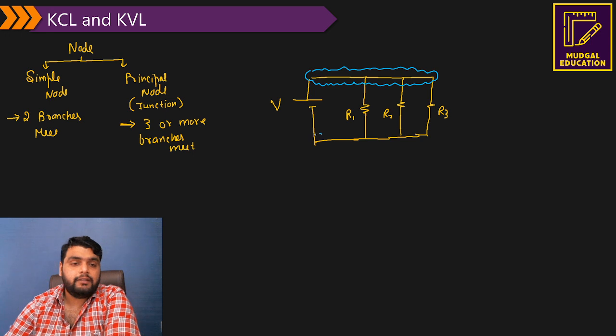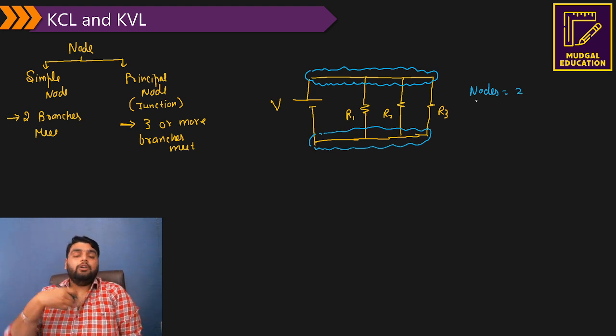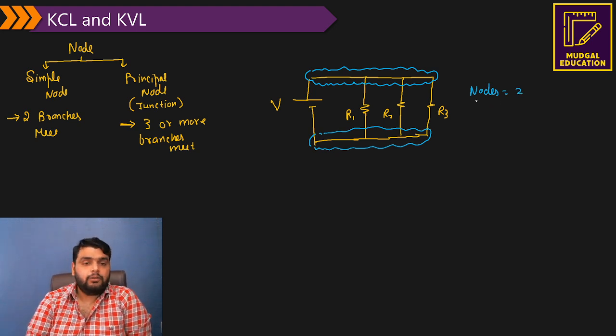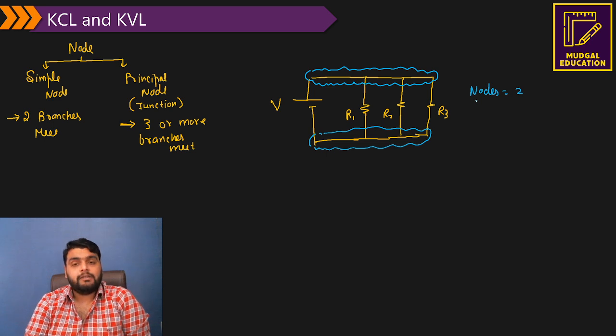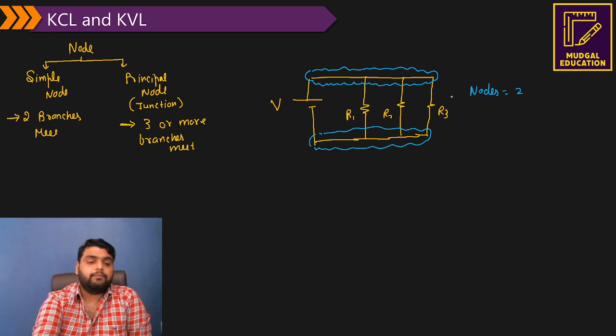So one is this node and the second one is this node. So there are two nodes in this circuit. Both are principal nodes because three or more branches are meeting. In the same way, the question in your GATE examination asked how many junctions are present. It was very simple: you just have to count the nodes which have three or more branches.